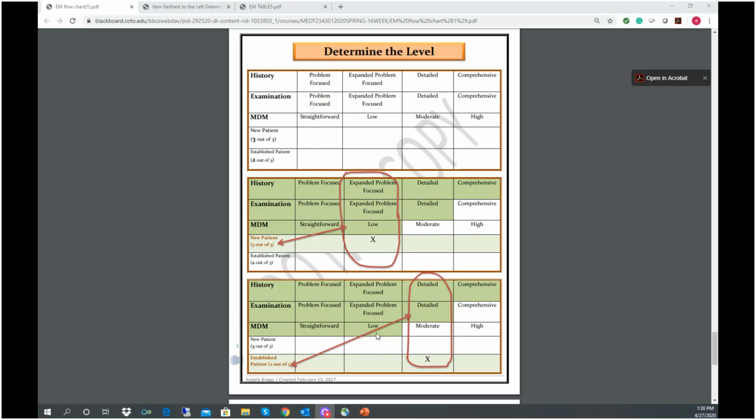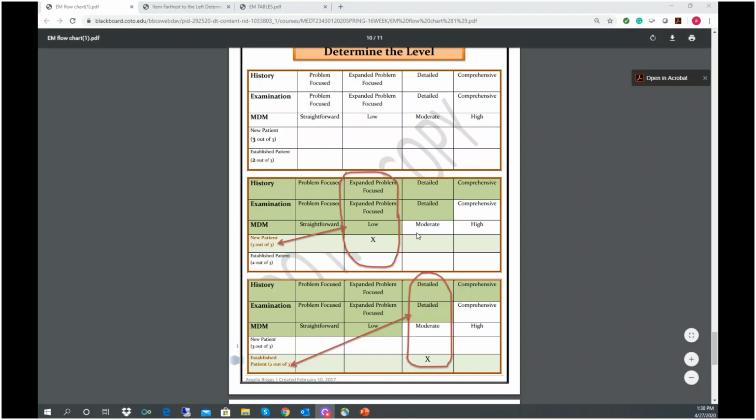again, we would have the same, but it would be detailed because we have 2 of the 3. So that's what it means. When it's been highlighted, the history had a comprehensive history. The exam had a detailed examination. MDM had a low.